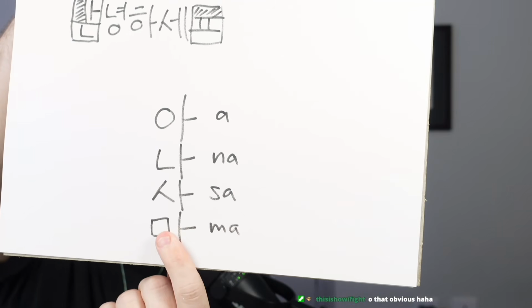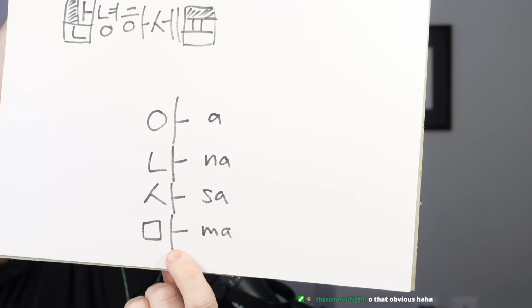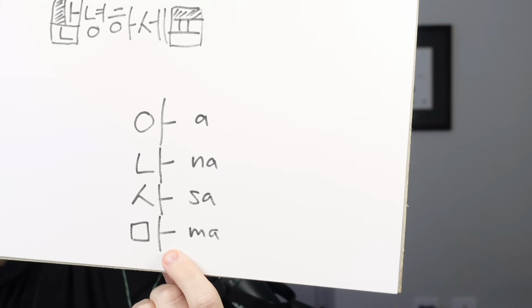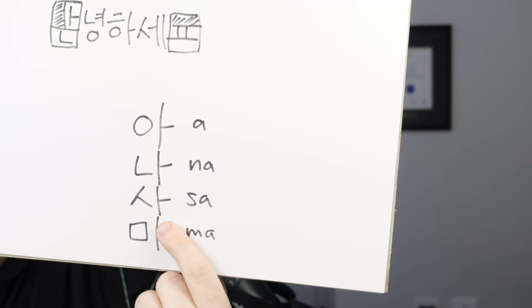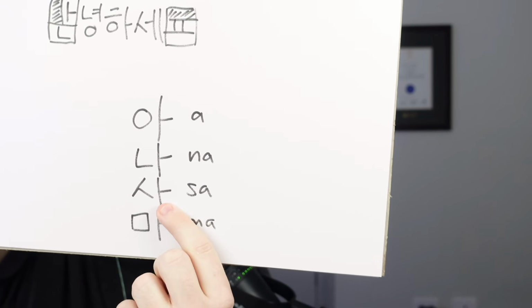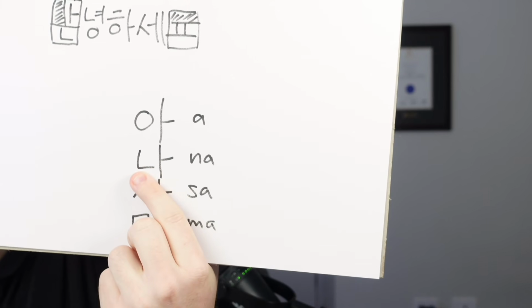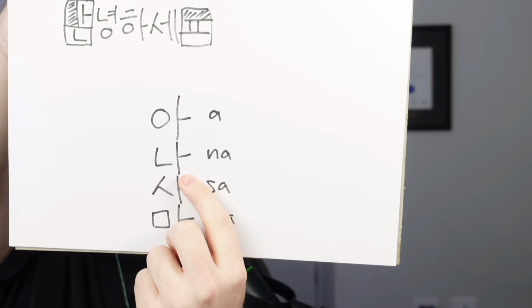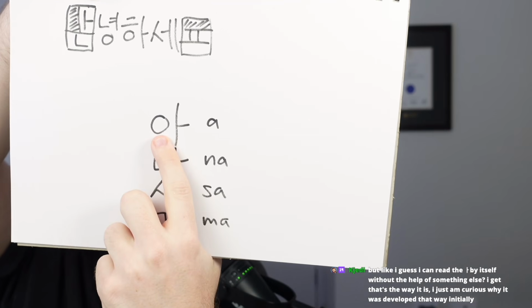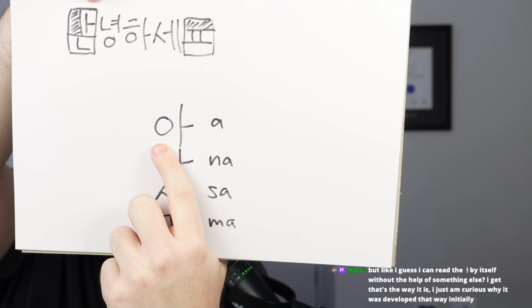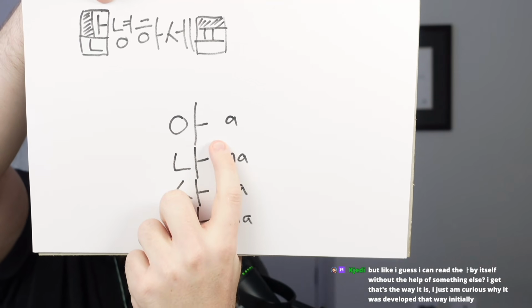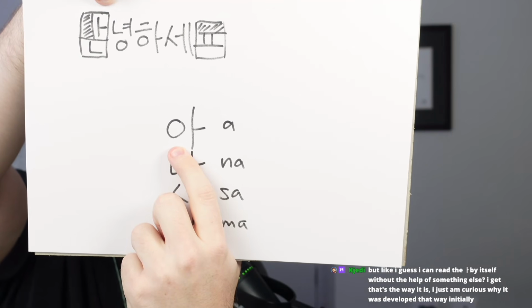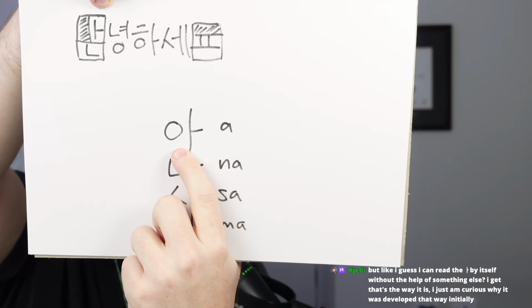So this is like a syllabic pair. Ma and A go together. S and A go together, so it's sa. N and A go together, so it's na. This, though, symbolizes that this sound is just A. Only A and nothing else.